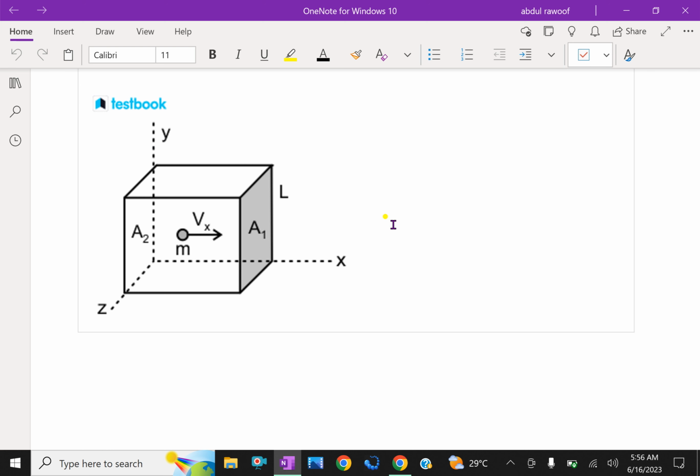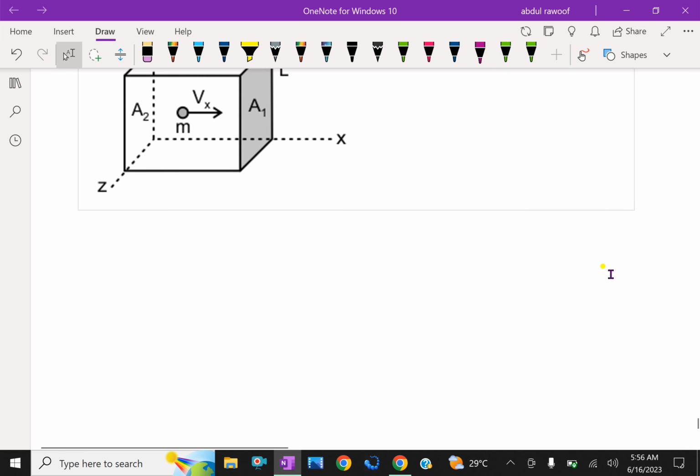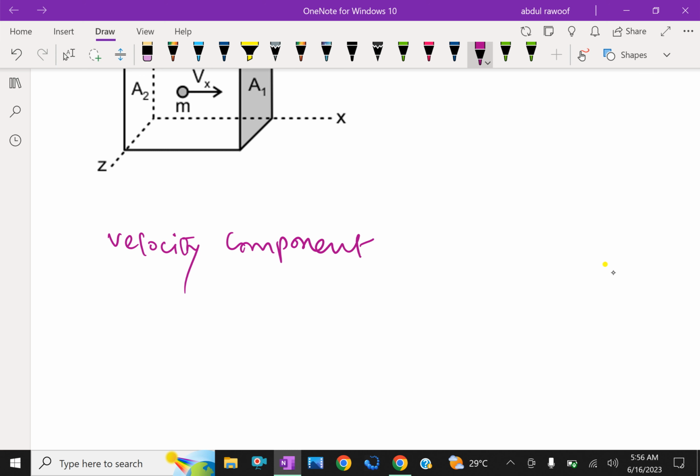Here the velocity components in the x, y, z directions are Vx, Vy, Vz.